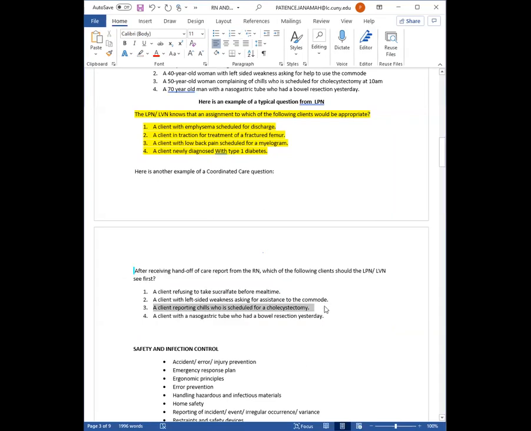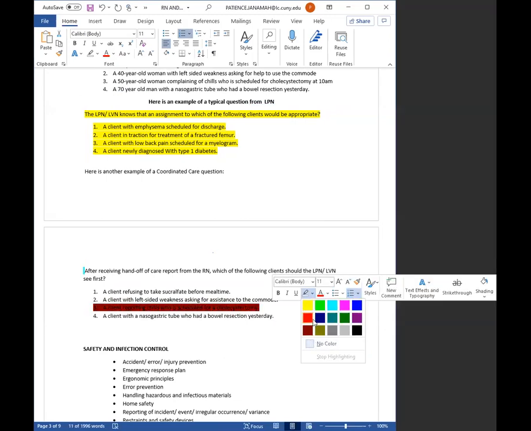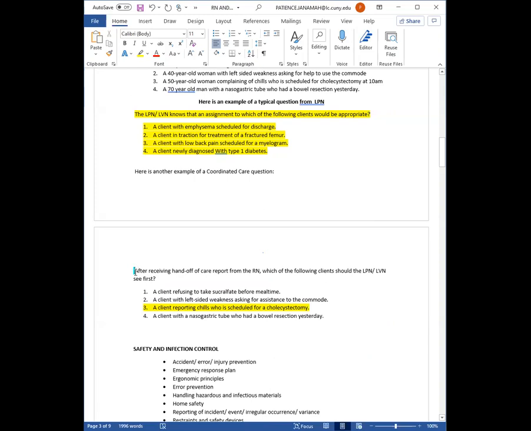Why do you choose number 3 among all the patients? Why do you think that's the patient you should see? Because she's experiencing chills. So maybe she's sick, having fever. How about the one having left-sided weakness who needs a commode, and the one with a nasogastric tube with a bowel resection yesterday?